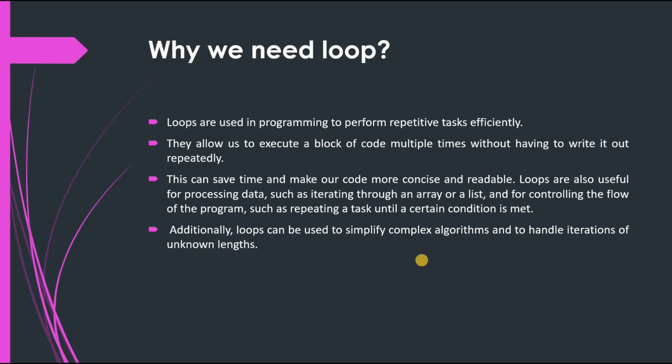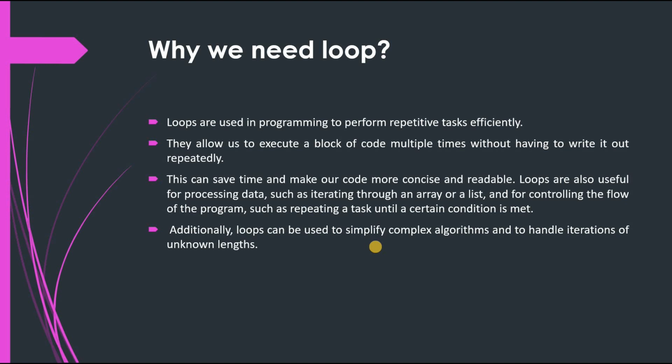Loops are most important for processing data because we are processing the data in an iterative manner. If you want to print a list of data, you can use the loop concept. But the loop concept has a condition. As per the certain condition, the repeating task will be commenced. Additionally, loops can be used to simplify complex programs such as complex algorithms, and we can handle iterations of unknown lengths.